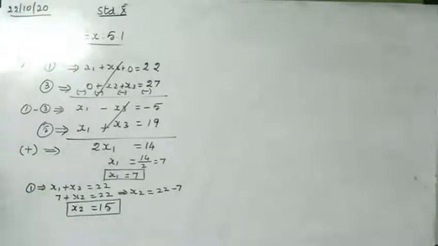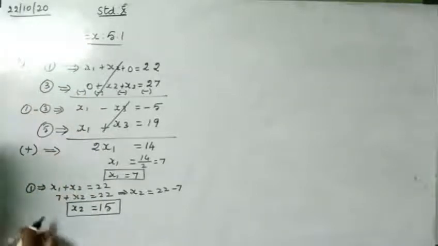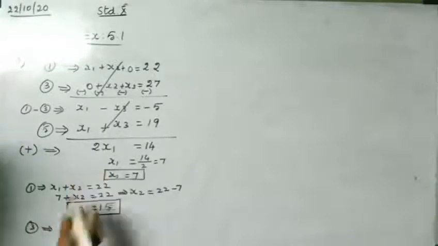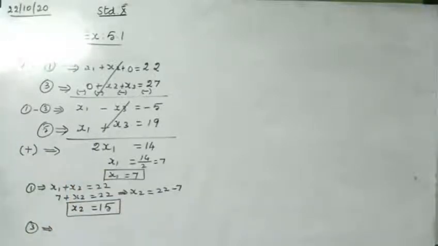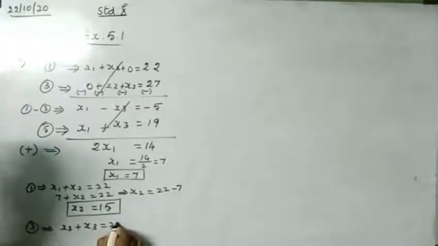Now after getting this x2, substitute in third equation. So systematically you can do. So what is third equation? x2 plus x3 is equal to 27.